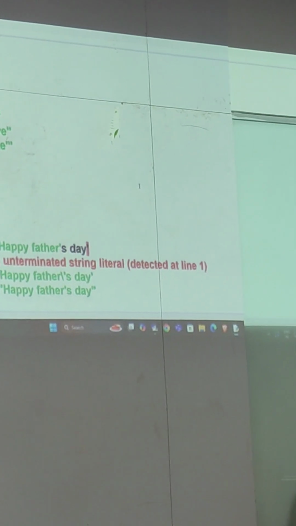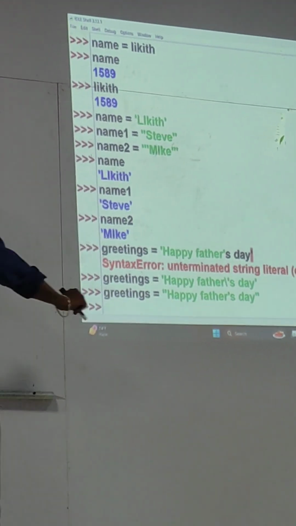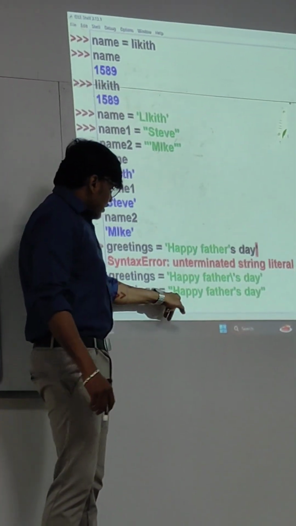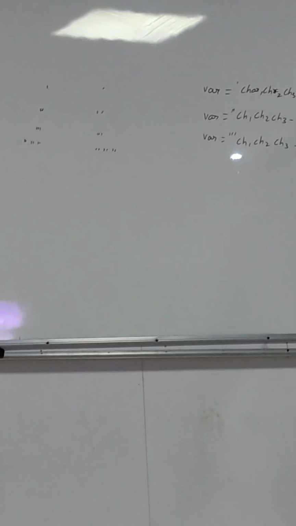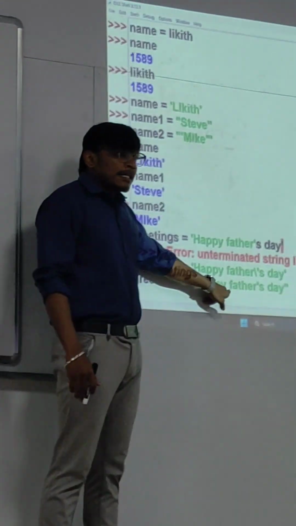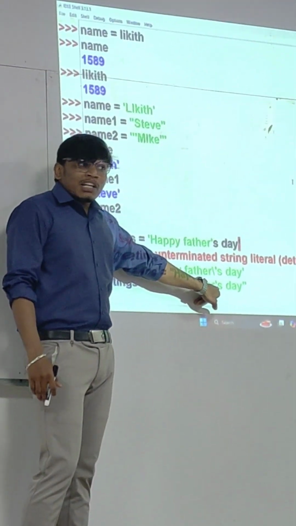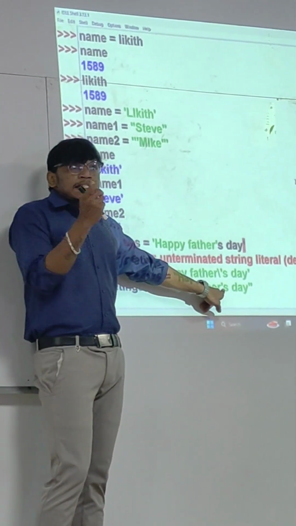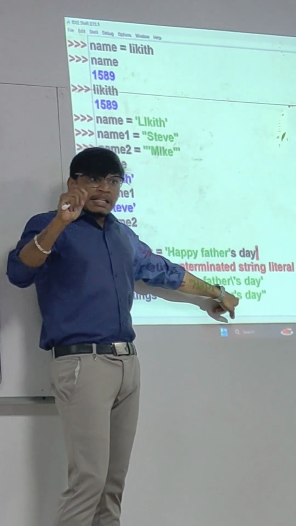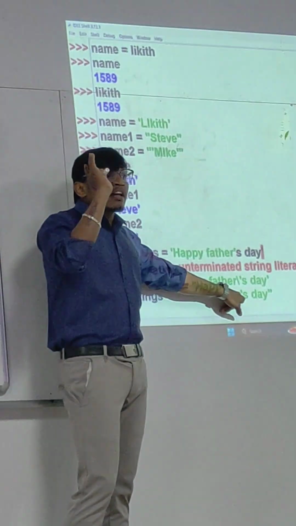Here, what happens? The controller will first see the double quotes. It will start the string, and it just stores all the characters. We got the single quote, but the controller knows our user has started with double quotes. Until I find the double quotes, I will never end the string.